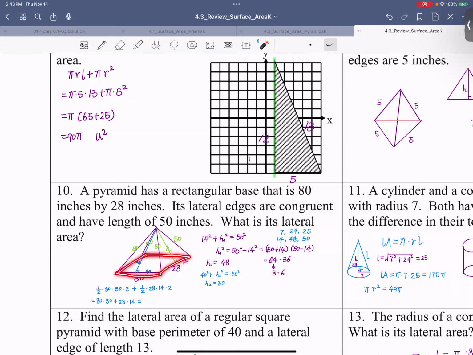This base is 80 by 28. This rectangular base is 80 times 28. And then you can draw the slant height. One slant height on the right, one slant height at the front.